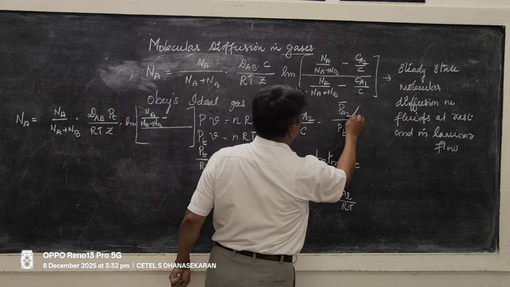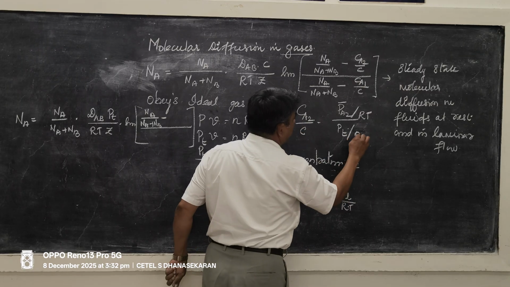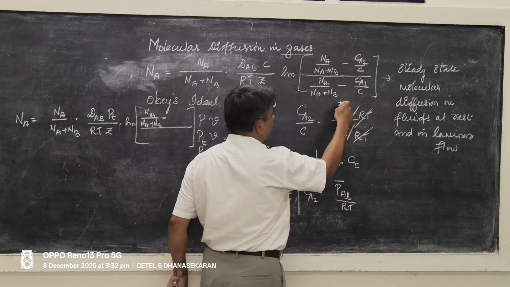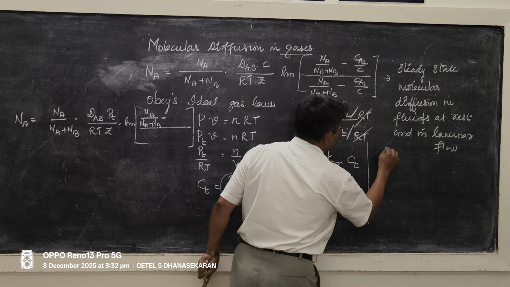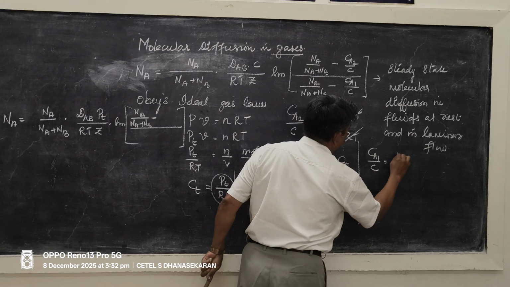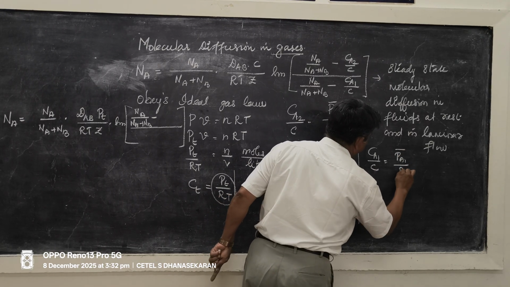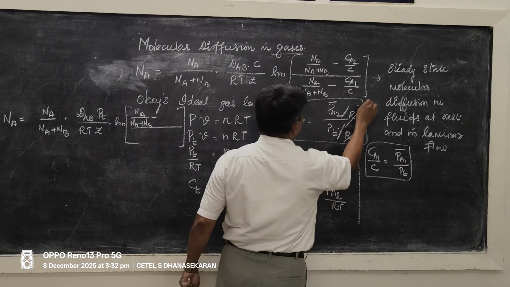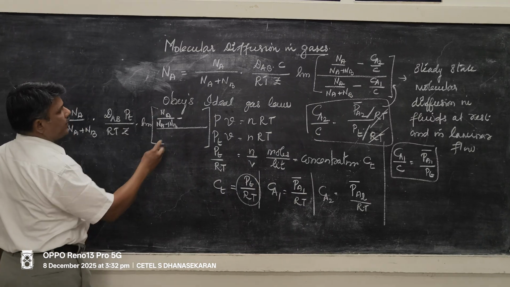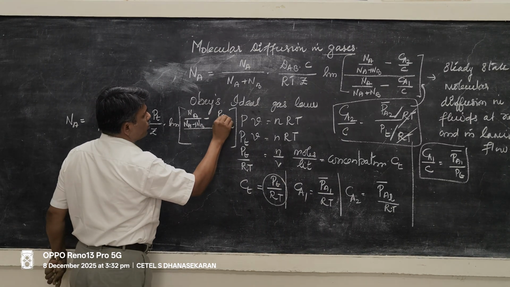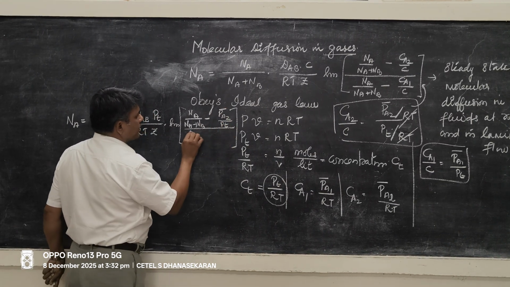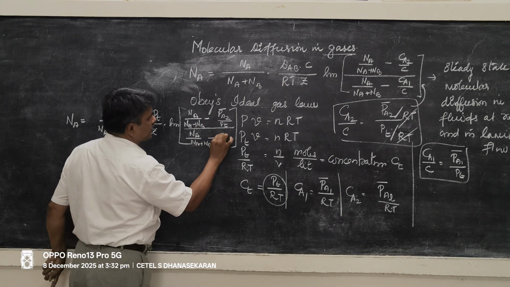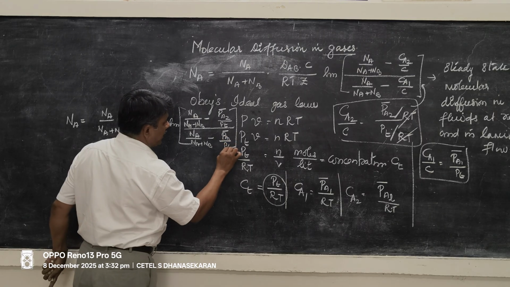So the RT terms get cancelled. So Ca2 by C is equal to Pa2 bar by Pt. Similarly, Ca1 by C is equal to Pa1 bar by Pt. Substitute these two pieces of information here. So finally we arrived at NA divided by (NA plus NB) minus Pa2 bar divided by Pt, similarly NA divided by (NA plus NB) minus Pa1 bar divided by Pt.